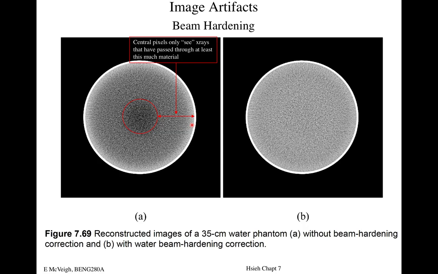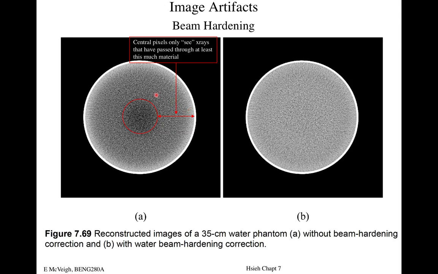Whereas out here, there are a number of projections where the beam just went in here, hit the pixel, and came through here, right? And so it had a much lower energy beam. So these pixels look like their ability to attenuate X-rays is lower because they're busy attenuating higher energy X-rays than the ones out here.